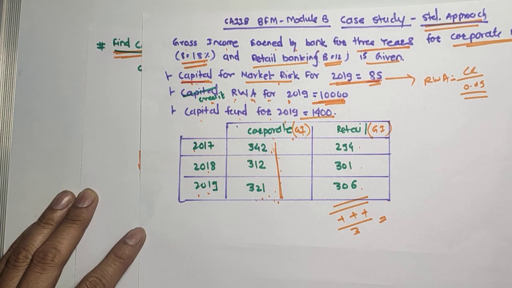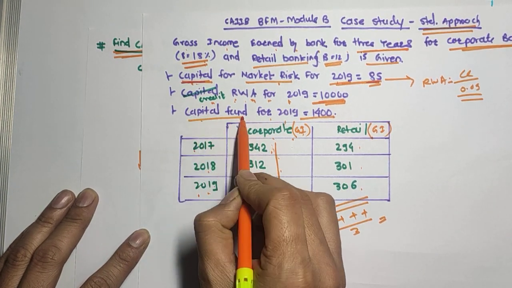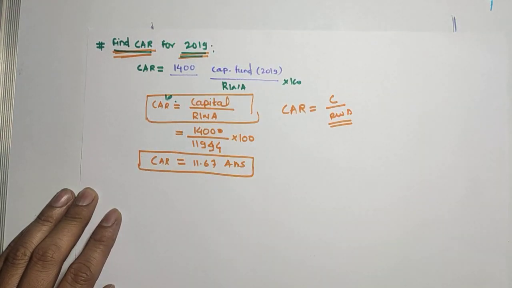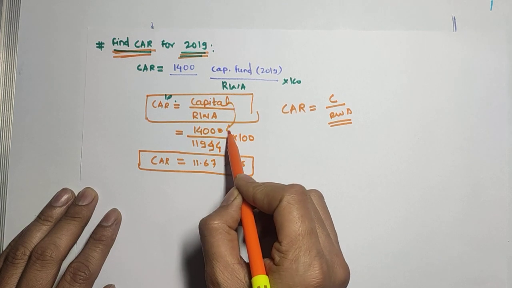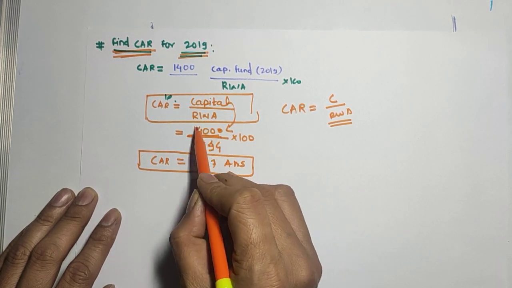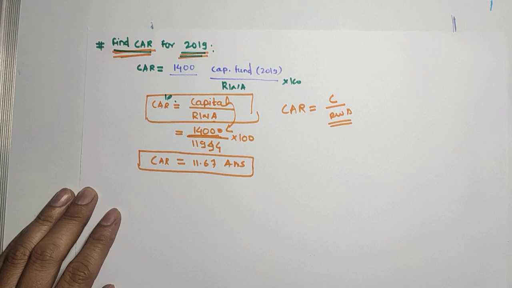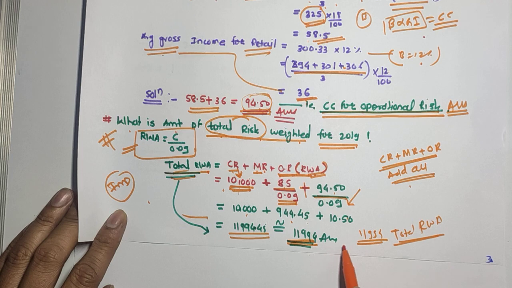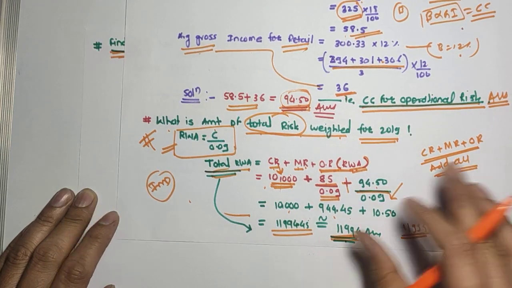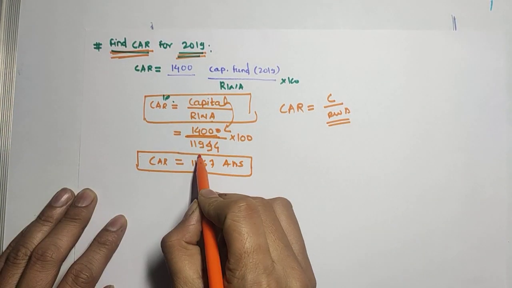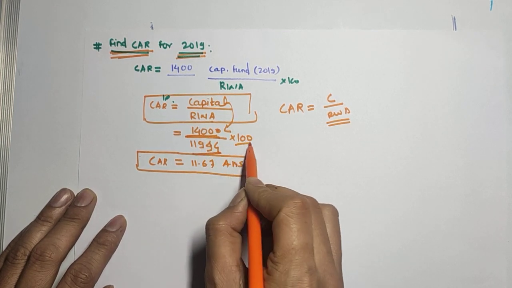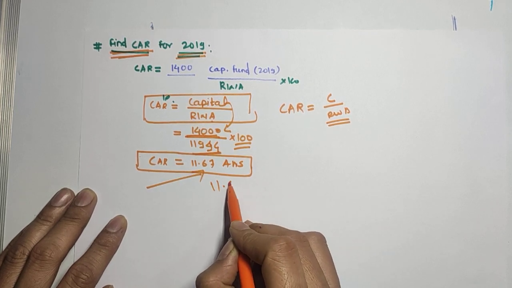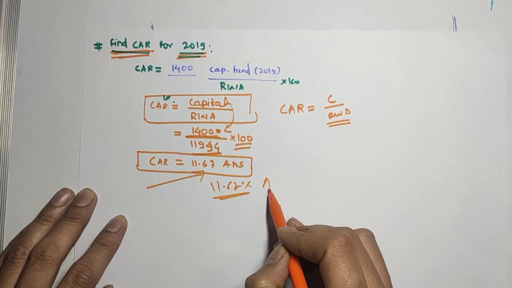In the last line they have said that the capital fund for 2019 is 1400, right? Just put the value of capital 1400 and divide it by the RWA. What is the RWA? We have just calculated the total RWA, that is 11994, right? Put the value 11994 here, multiply by 100, and solve using the calculator, you will get CAR as 11.67%. That is your answer.